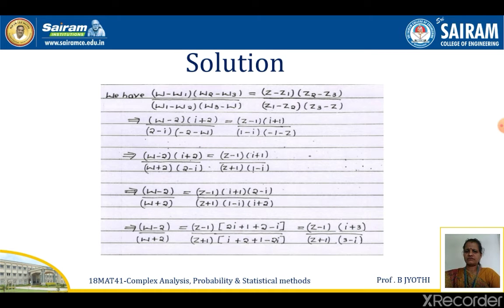So, as usual, we will name the first 3 points as Z1, Z2, Z3, and the second set of 3 points as W1, W2 and W3 respectively. And we have the formula (W minus W1)(W2 minus W3) upon (W1 minus W2)(W3 minus W) is given by (Z minus Z1)(Z2 minus Z3) divided by (Z1 minus Z2)(Z3 minus Z).